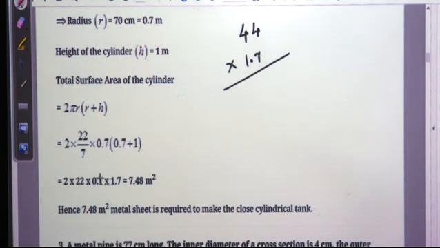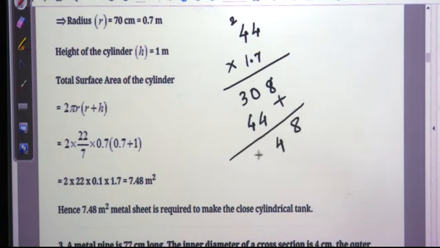One decimal point we have ignored, but we have to consider it later while calculating the final answer. 7 4s are 28, carry 2, 7 4s are 28 plus 2, 30. One space we have left, that one place. Now it is 1s are, so it is 44, 8, 4, 7.